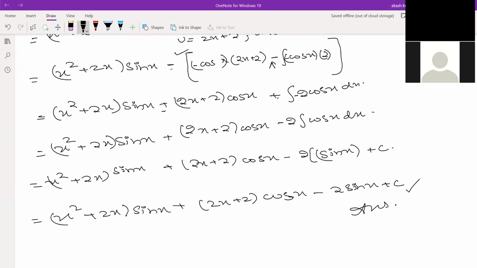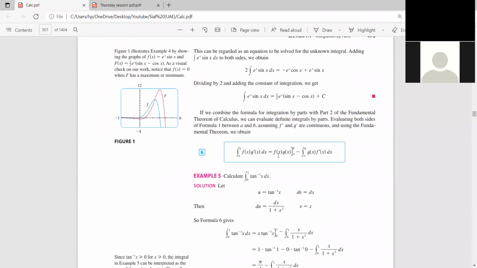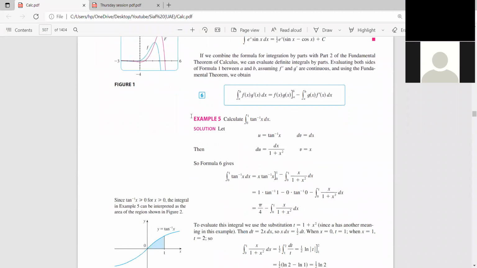Okay, now let's get back to the book. This question involves both integration by parts and the U substitution that we have studied in the last session.